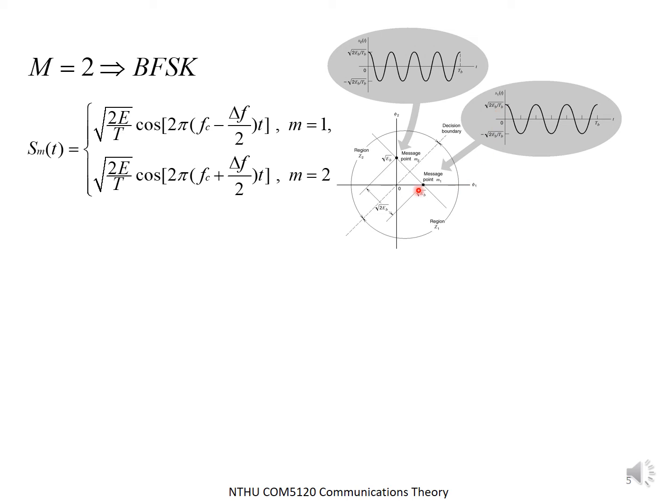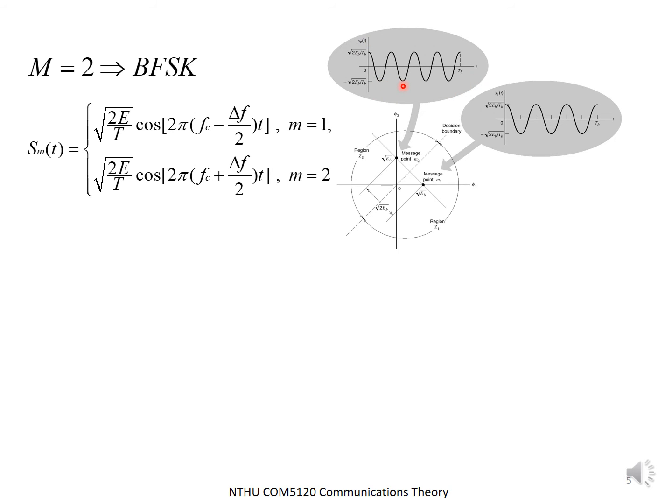This two-dimensional vector, (square root of Eb, 0), will represent this waveform for phi 1, F1. F1 is a slower carrier frequency, and the vector on the second basis will represent the waveform of s_2(t).